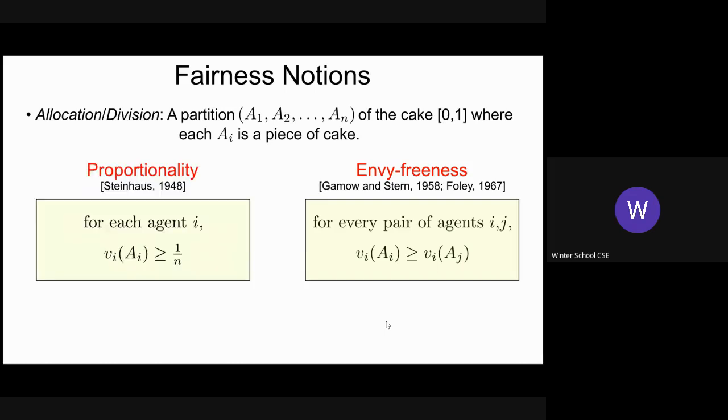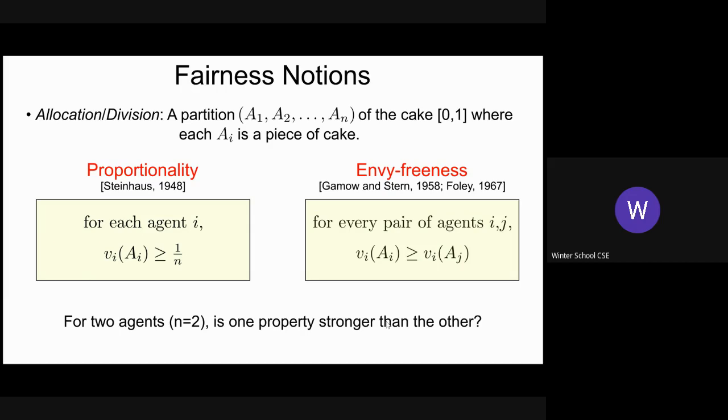Cool. So these are the two notions of fairness, proportionality and envy-freeness, that we are going to be talking about today. But as a warm-up exercise, I want to understand which of these notions is stronger. Is it the case that an allocation satisfying one of these definitions implies the other?